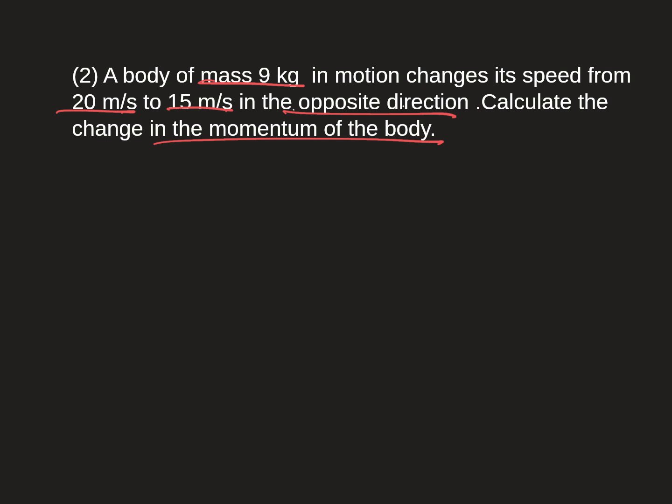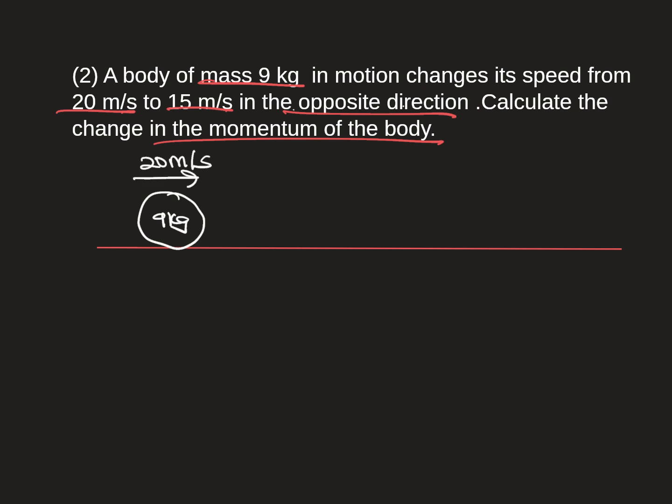So if I draw a straight line, and let's say this is the body's initial position having a velocity of 20 meters per second, but its final velocity changes to 15 meters per second in the opposite direction, and the body is 9 kg mass.